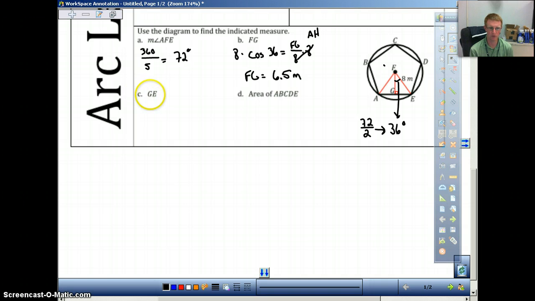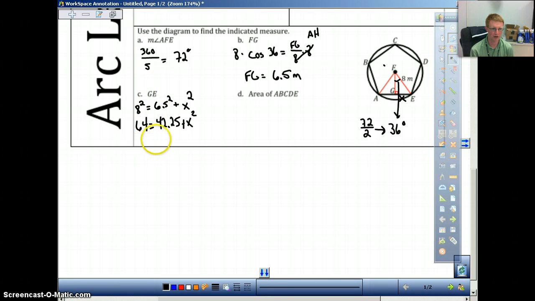So let's go through this. GE is going to be using the Pythagorean theorem. So 8 is our hypotenuse. So we have 8 squared equals 6.5 squared plus our missing side, x squared. We're going to call this x. So we do the math there, and we get 64 equals 42.25 plus x squared.